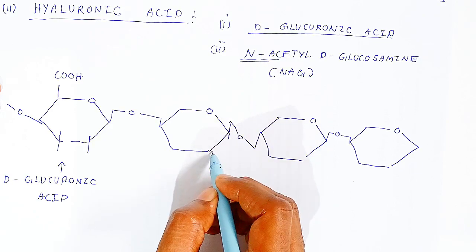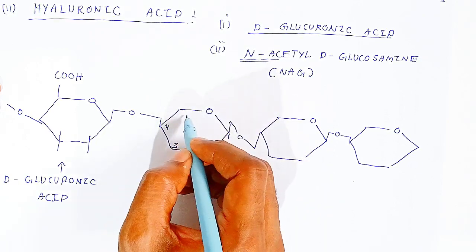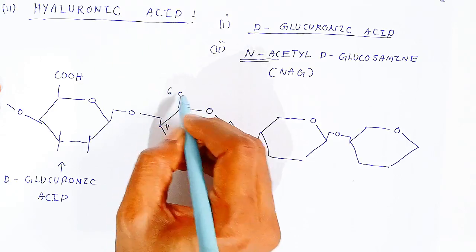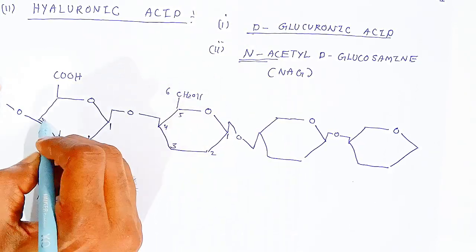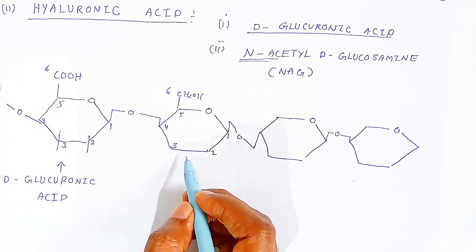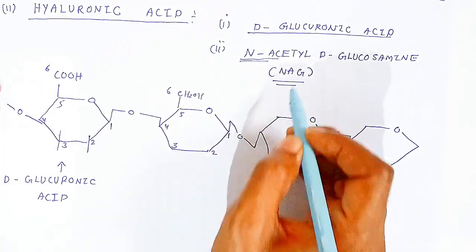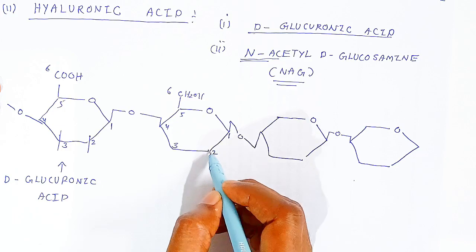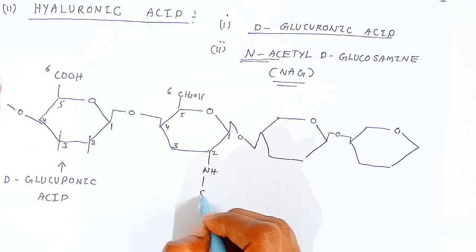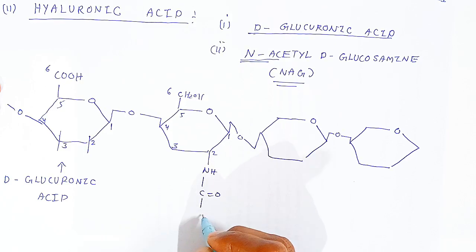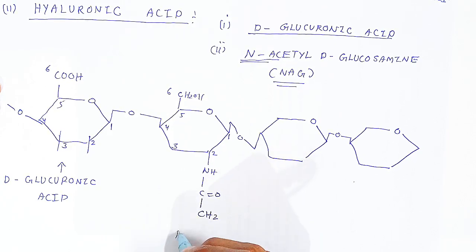This is carbon number 1, 2, 3, 4, 5 and 6 will be here. Same way here, students, carbon number 1, 2, 3, 4, 5 and 6 is the acid. Now students, if you draw the second different monosaccharide, that is NAG, carbon number 2 contains nitrogen and carbonyl. Okay students, so this is the NAG.